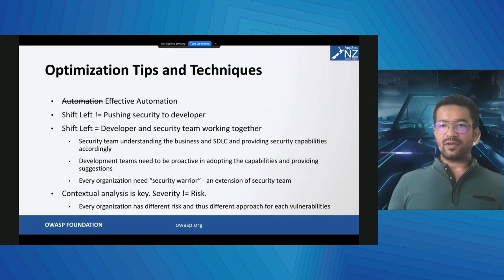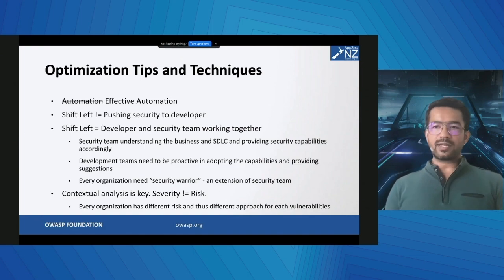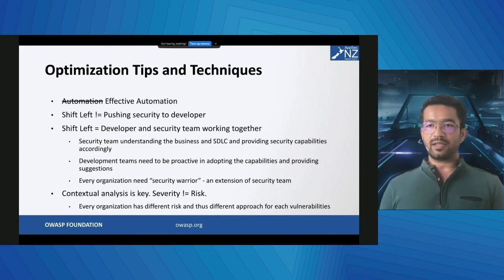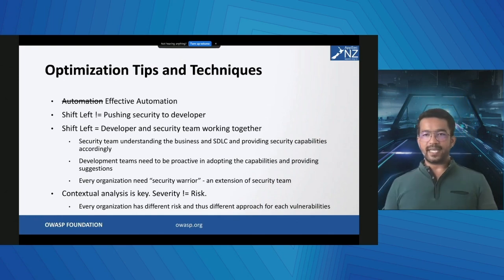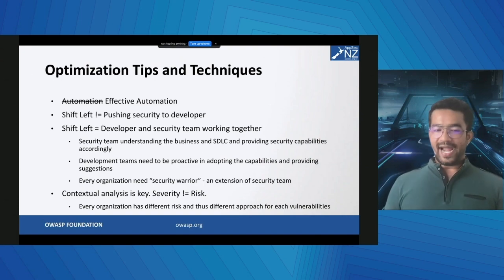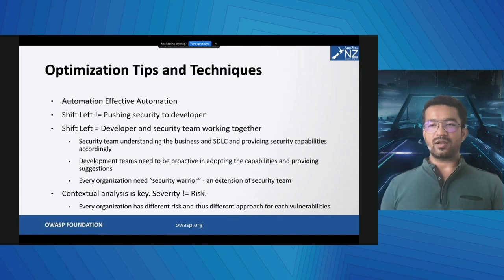Every organization will have a different appetite for risk. Every organization will have a different attack surface. Every organization will have a different understanding of each vulnerability. So as a security professional, it's key to understand the business and the context of the business and then derive the risk of each vulnerability from that.